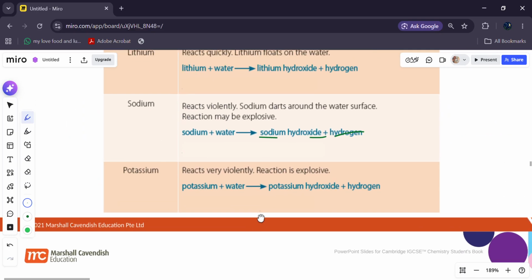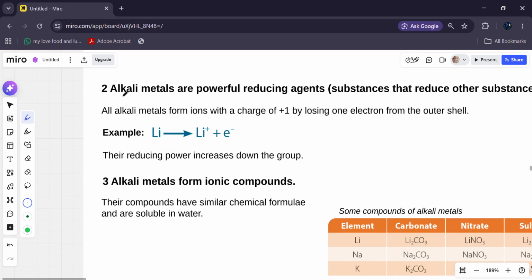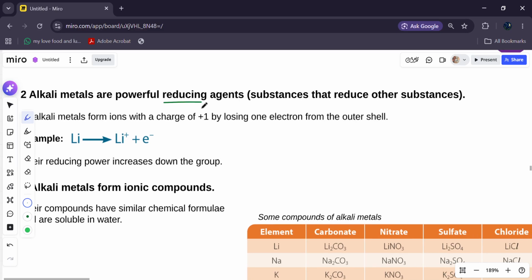So now let's move on to 2. Alkali metals are powerful reducing agents.